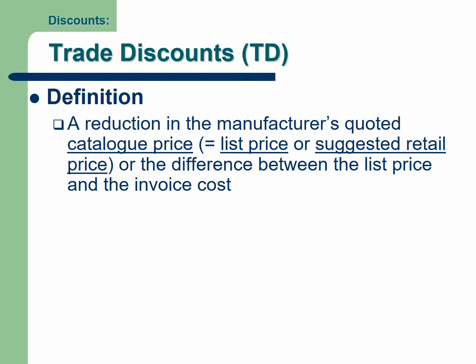Trade discounts are defined as a reduction in the manufacturer's quoted catalog price. As I said before, manufacturers sometimes may show in their catalogs, or when they share their samples with the retail buyer, instead of showing the actual cost they're going to charge the buyer, the suggested retail price.